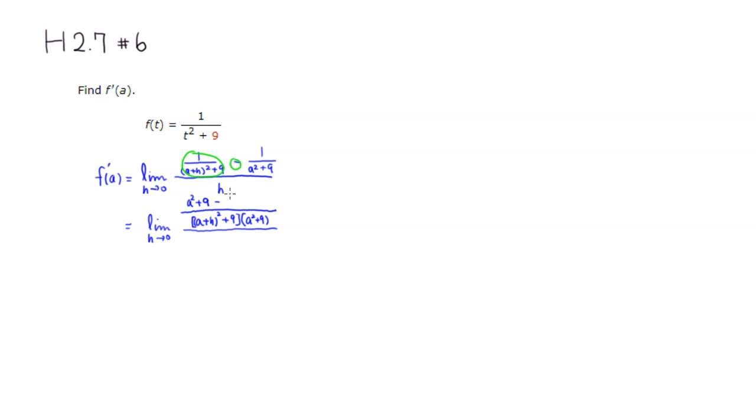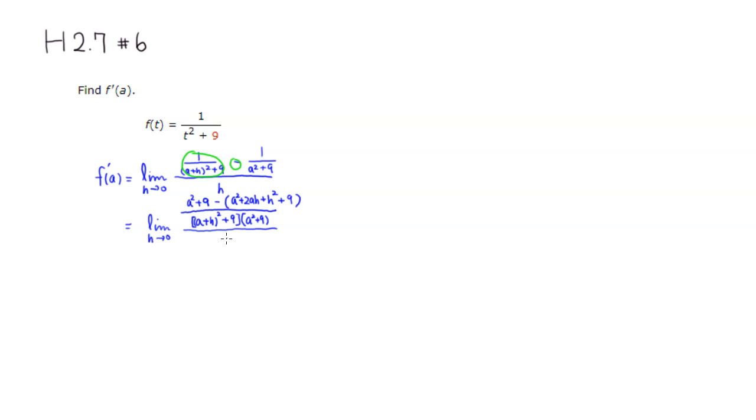I'm going to multiply this out. (a plus h) squared would be a squared plus 2ah plus h squared, and then plus 9. I just need the parentheses there and here.